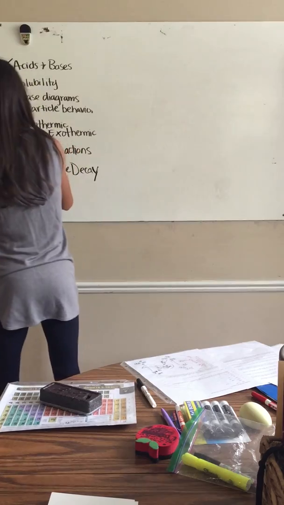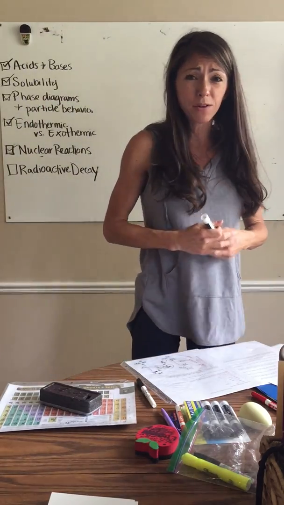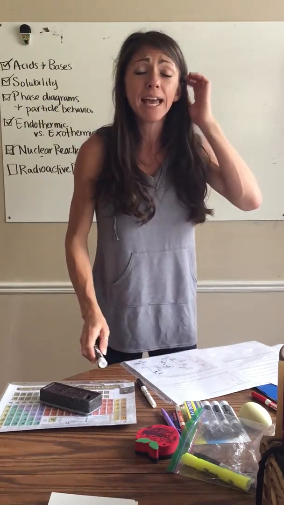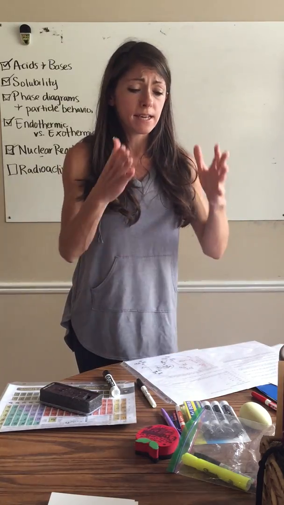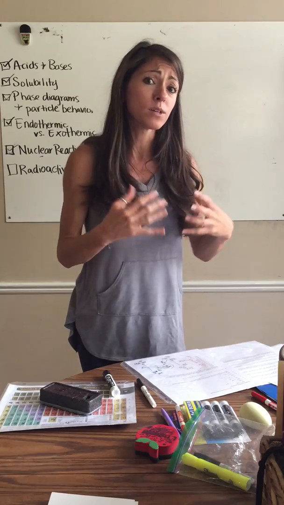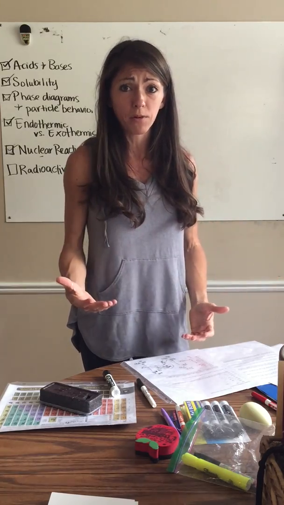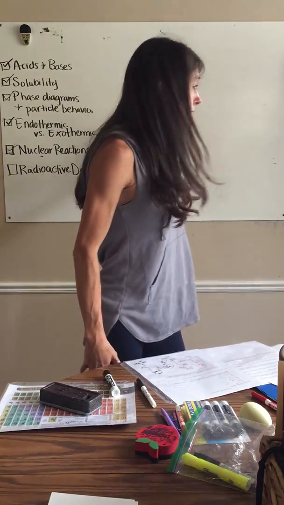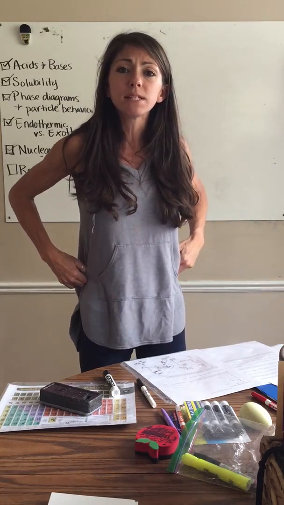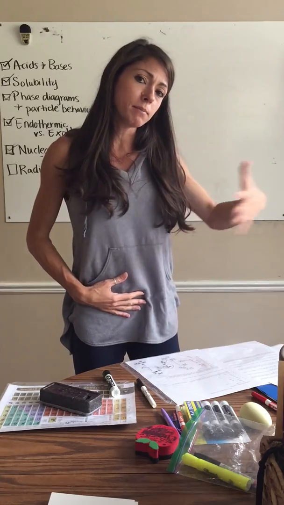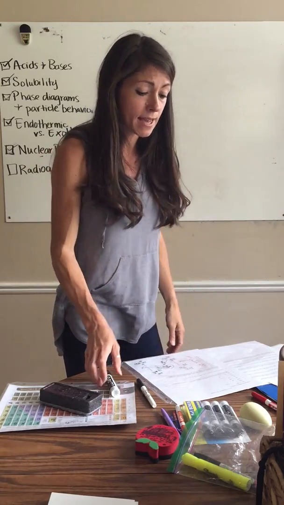Other than your nuclear reactions, the last thing we're going to talk about is radioactive decay and half-lives. Half-life has nothing to do with half of your life. Half-life is the amount of time it takes for a sample to reduce by half. And these isotopes we were just talking about is what this applies to. It talks about unstable substances breaking down and becoming something new and how quickly they decay exponentially.